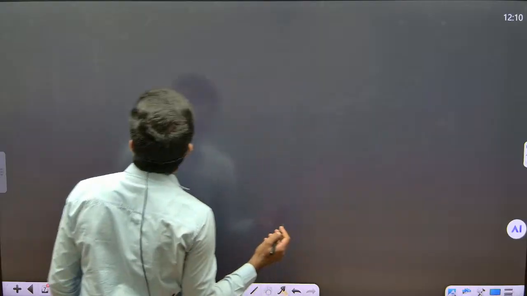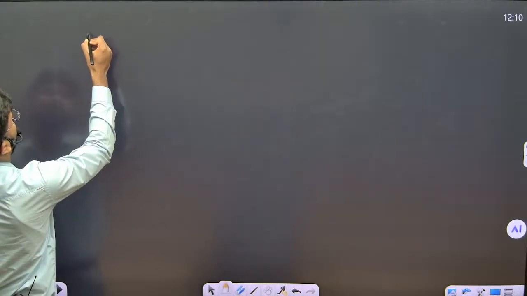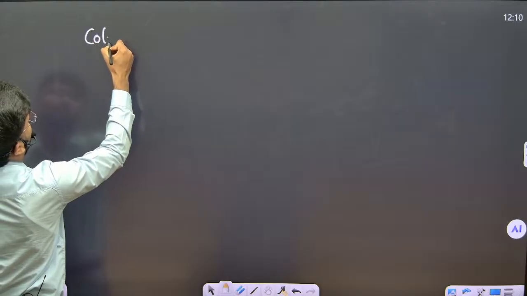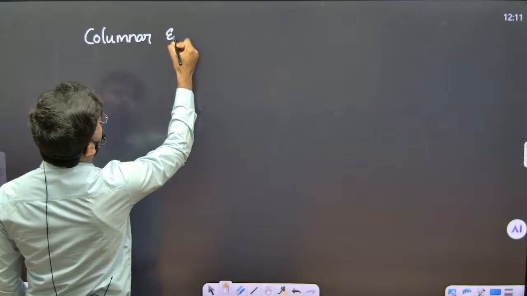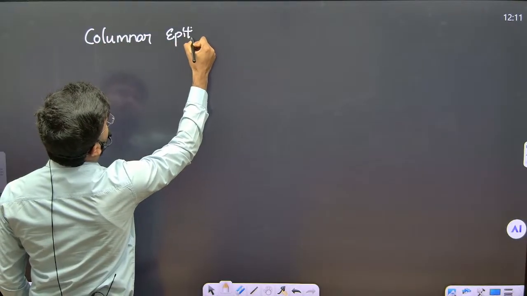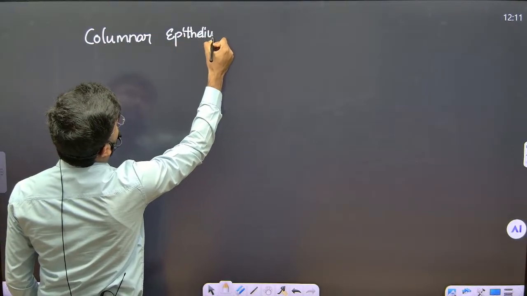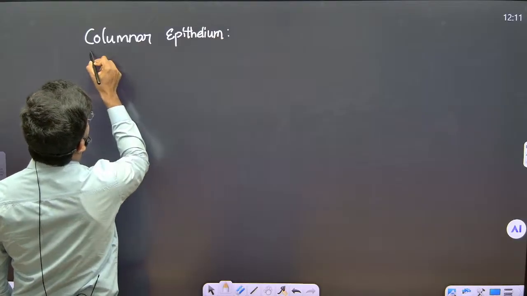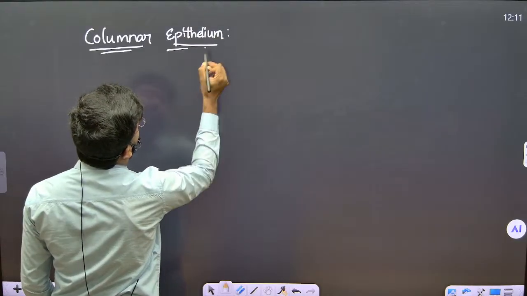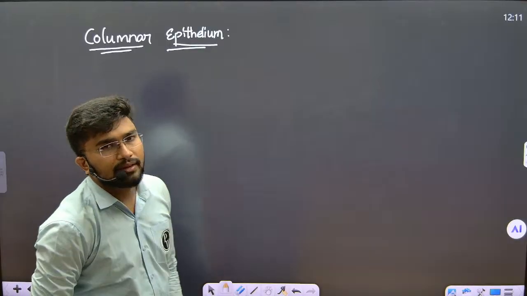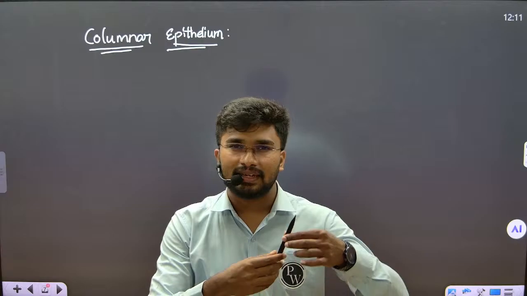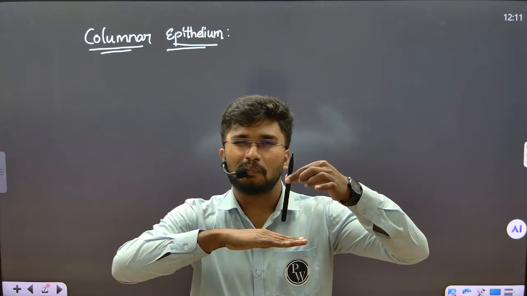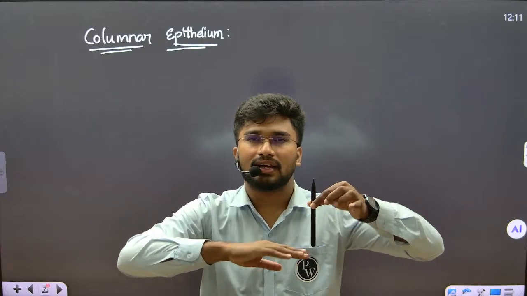First one, columnar epithelium. In the case of columnar epithelium, the cells are long pillar-like cells. They are described as tall, slender, or long pillar-like cells present on the basement membrane.